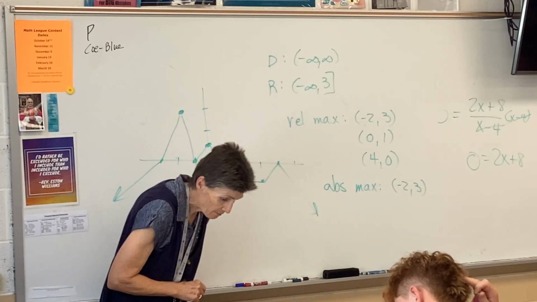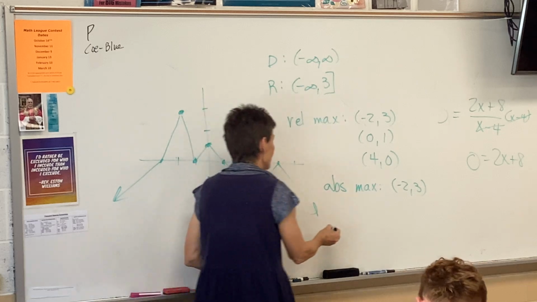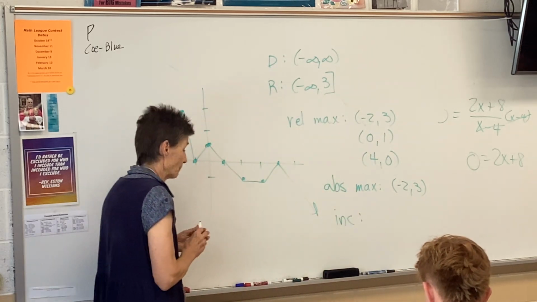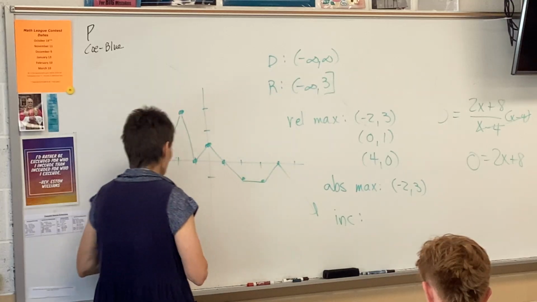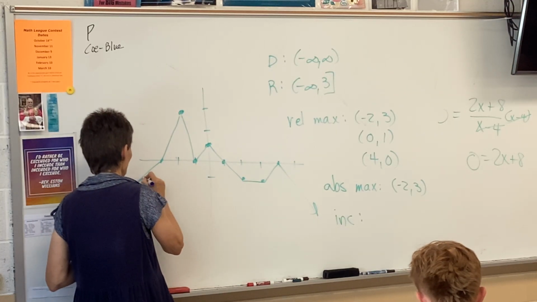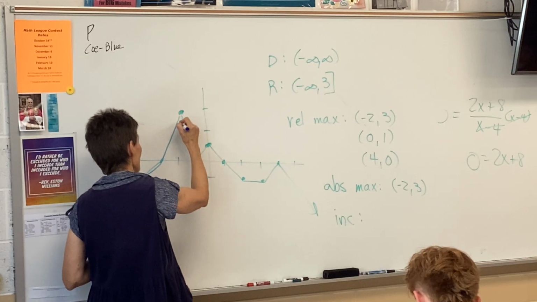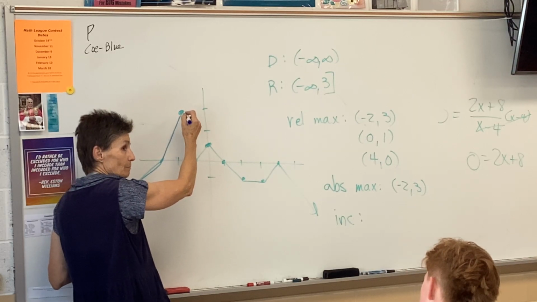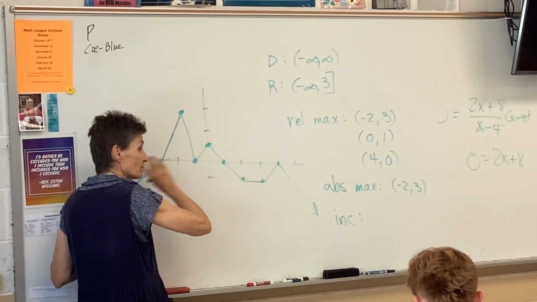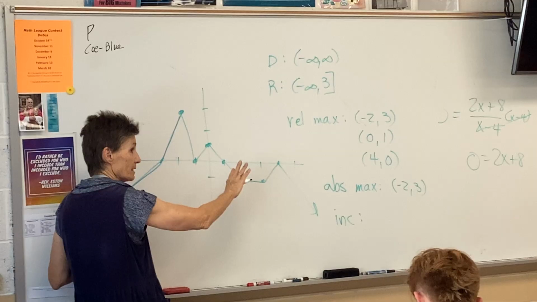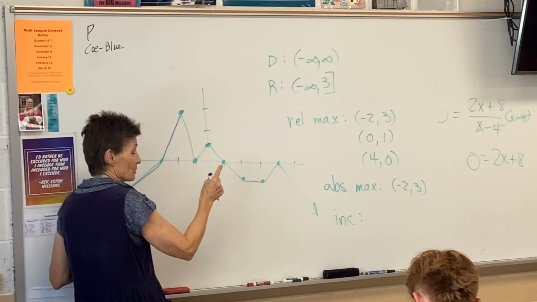All right, and then finally, where are we increasing? Now, these are intervals. So, start over here. Start following the curve. Isn't my pencil going up the entire time? And I'm moving left to right, so I'm looking at x values.